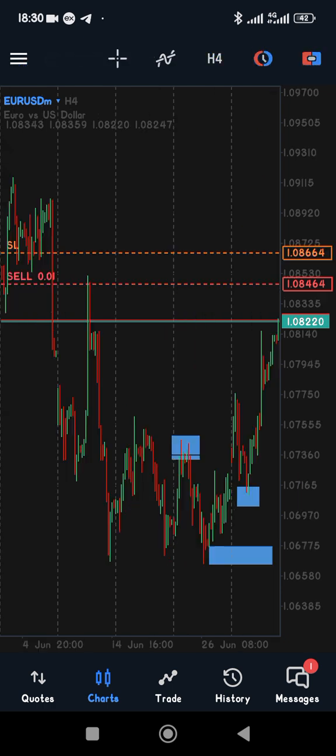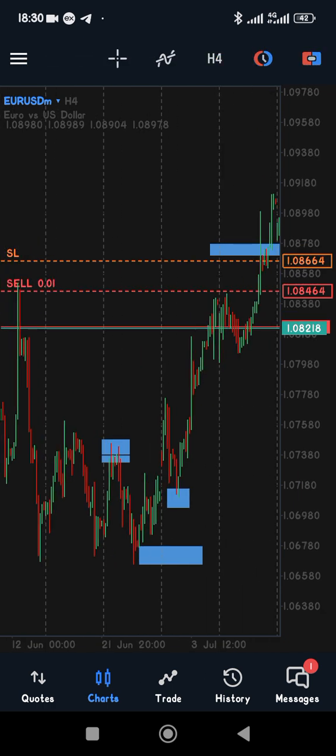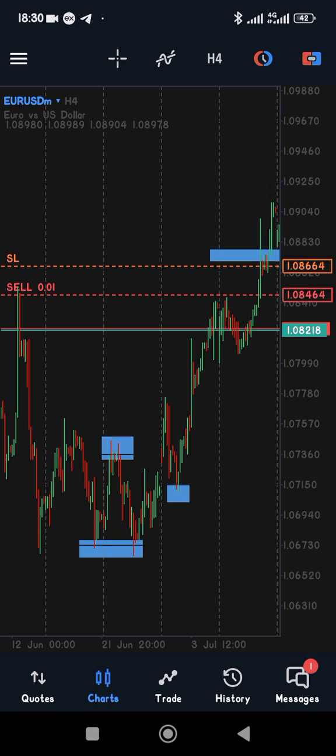If you look at it over here, so this higher high, this is lower low over here. All this area is lower low. Yeah, you can also call it a support.